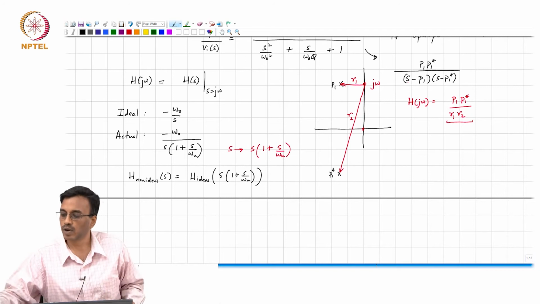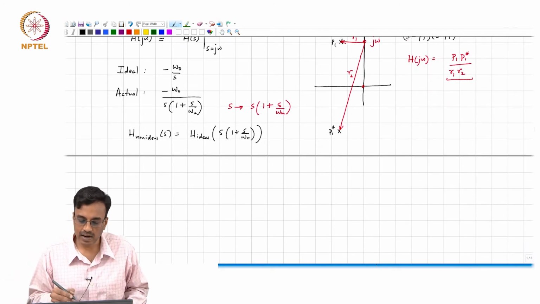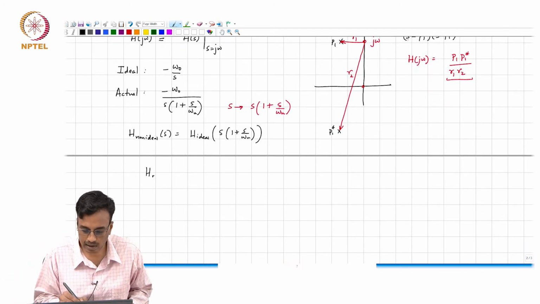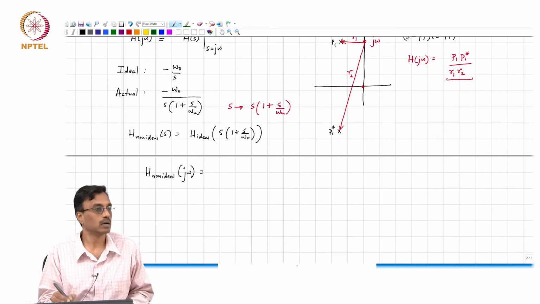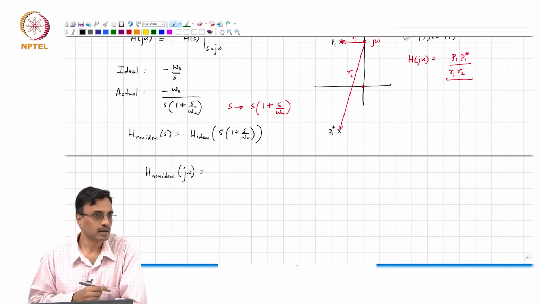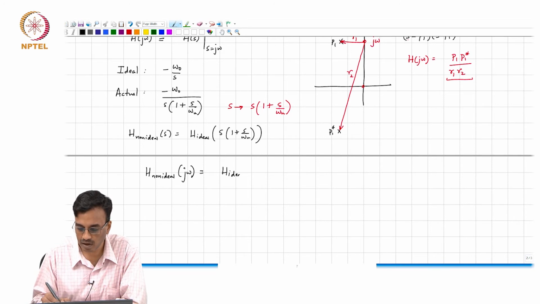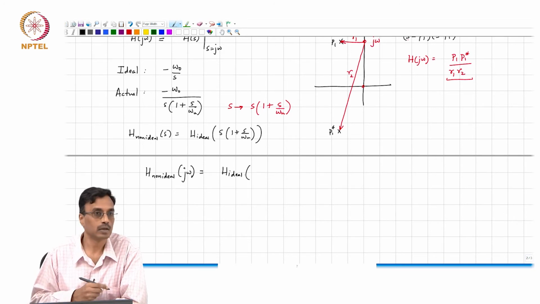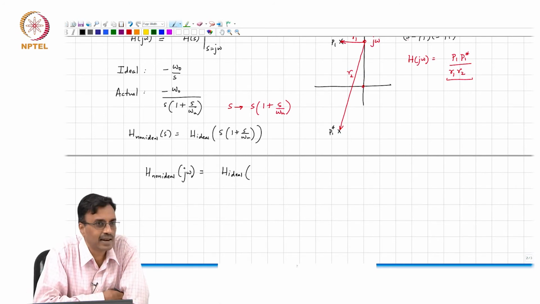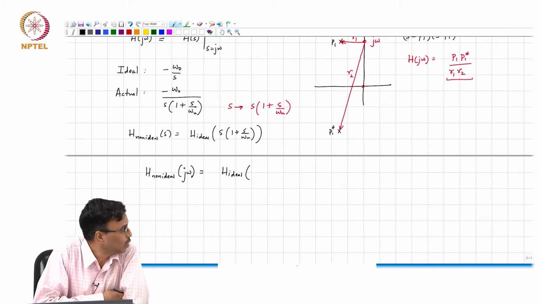And what are we interested in? We are interested in finding H non-ideal of j omega, right. And how is that related to H ideal of j omega? We know how H non-ideal of S is related to H ideal of S. How do you relate H non-ideal of j omega to H ideal of j omega?